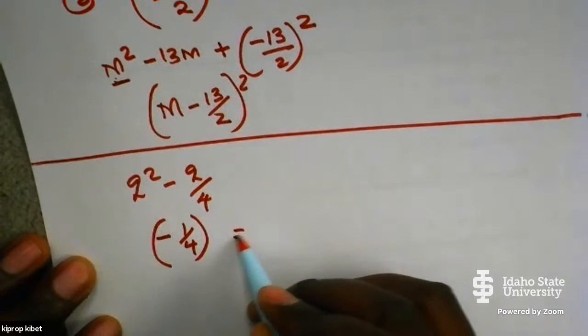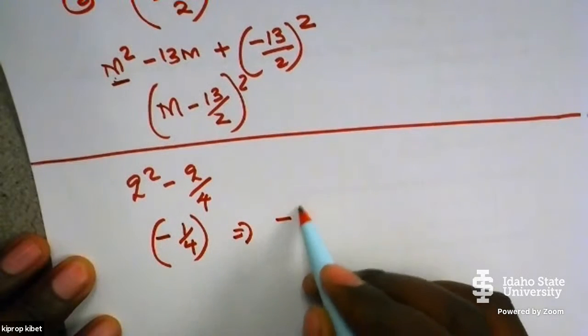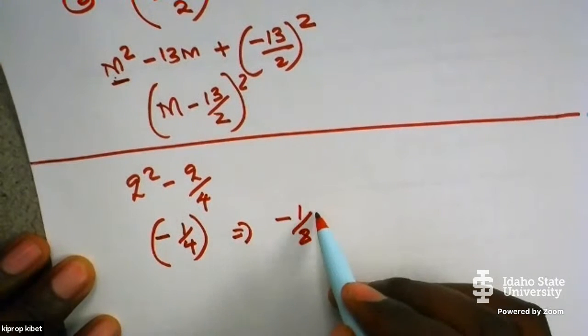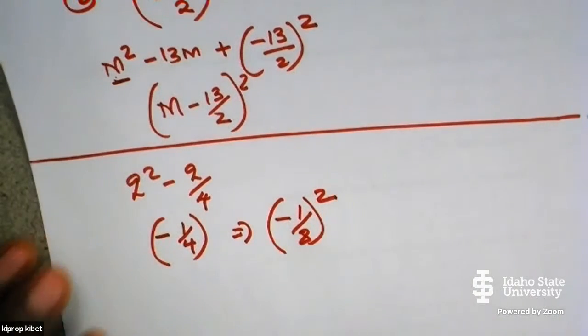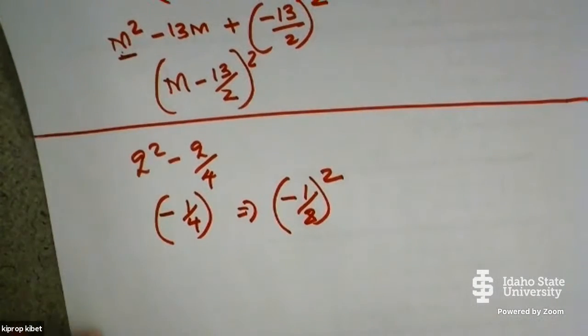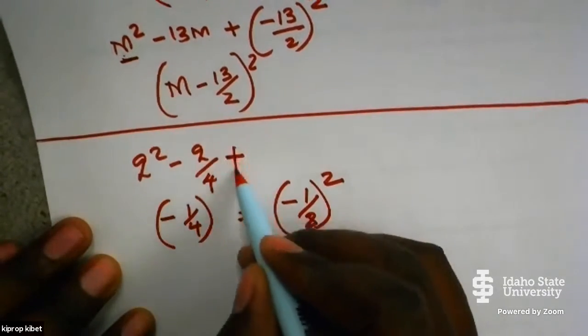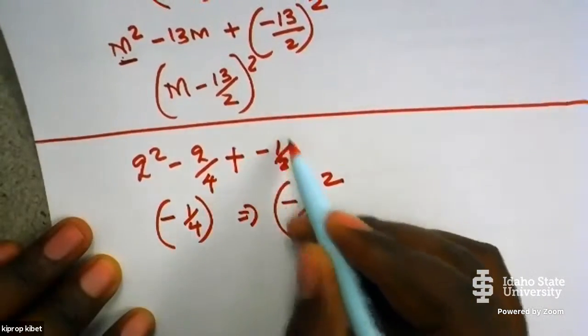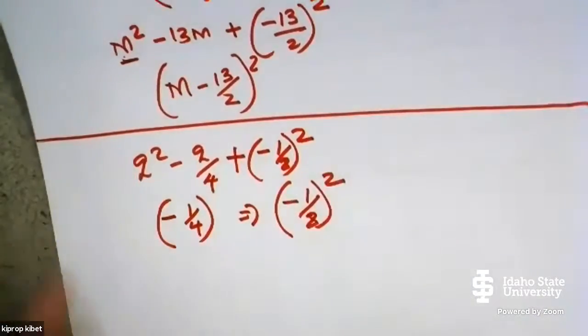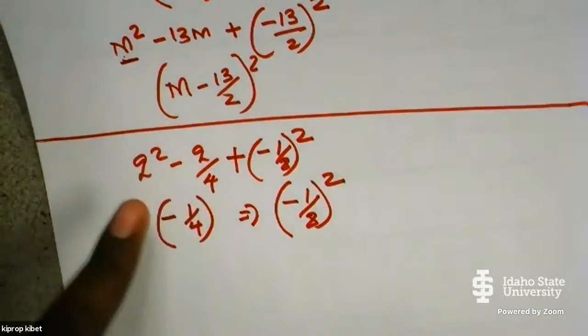What is half of this? 1 over 8. Then you square it, and add it here: minus 1 over 8, squared. Which form is this?